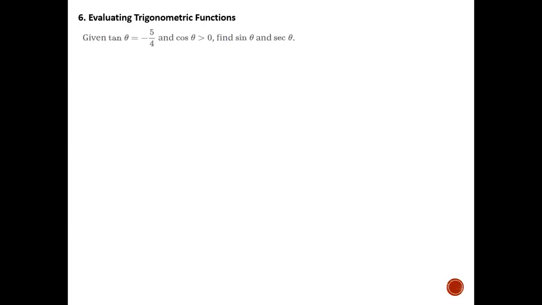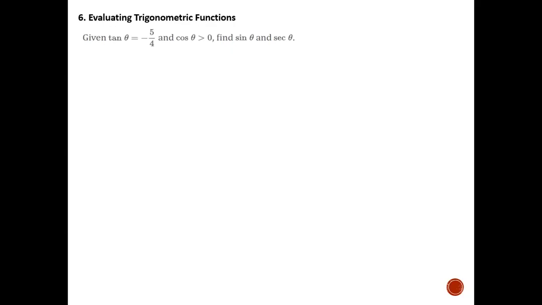All right. So let's look at this one now, evaluating trigonometric functions. Given tangent of theta is equal to negative 5/4 and cosine of theta is greater than 0, they're asking us to find sine of theta and secant of theta. So we know that tangent of theta refers to opposite over adjacent, right?